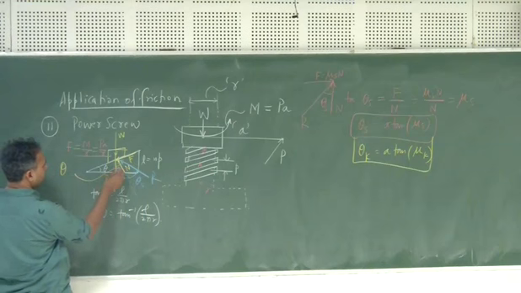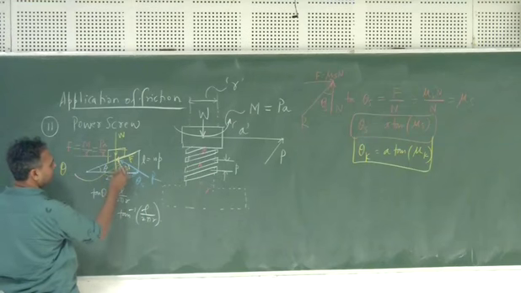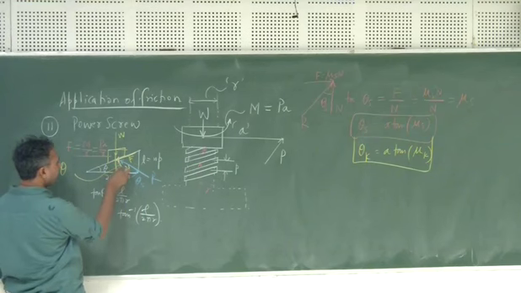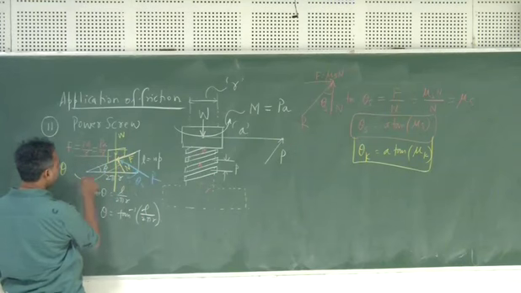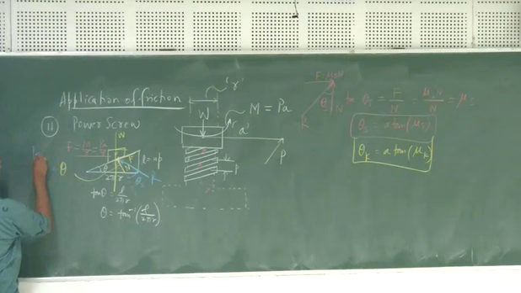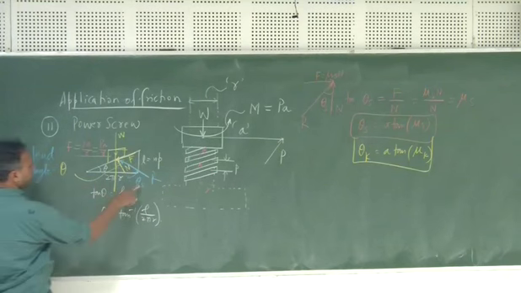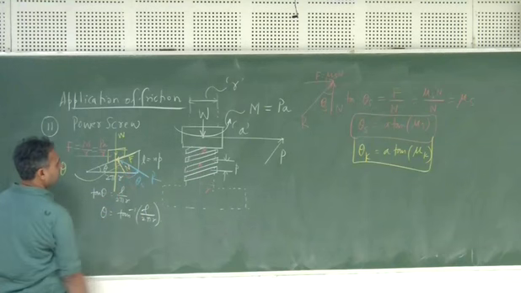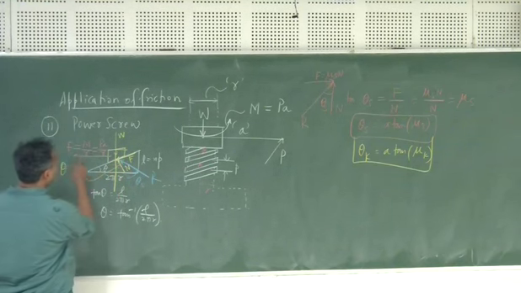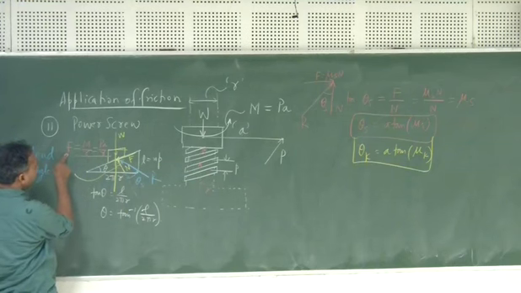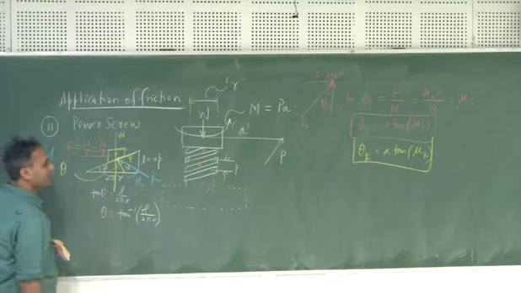But you know that this angle is your theta from the thread, the lead angle. This is your lead angle, and this is your friction angle. So in this way, now you have to find out the force F which has to resist this.